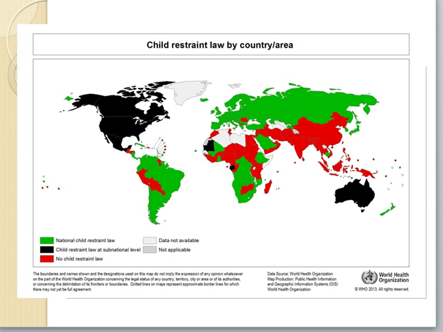You can see that in the red, these are the countries that have no seatbelt laws for children at all. The green countries have a national seatbelt law. And then the black countries, seatbelt laws change as you go across the country from region to region.